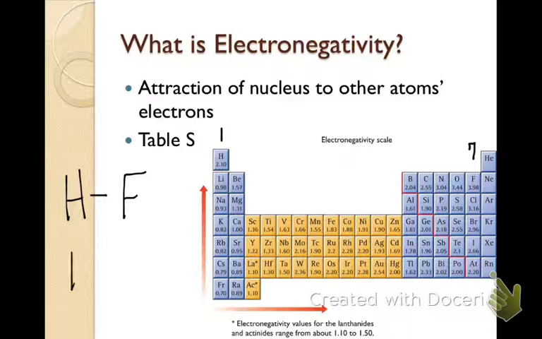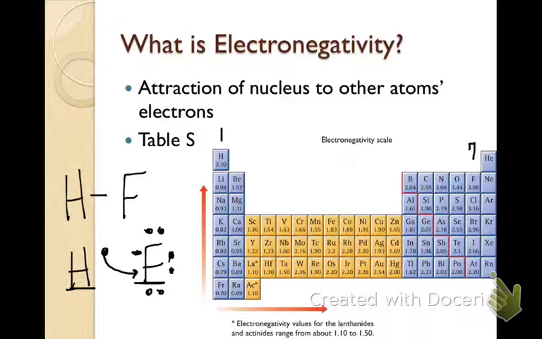So if I were to show this, I can show a simple little dot diagram, which will go more in depth later on. But I can show here that fluorine has 7 electrons, hydrogen has 1, so they're going to share those 2 electrons to form a bond. So pretty much it's how attracted this atom is versus this atom for electrons. And that's what electronegativity is.